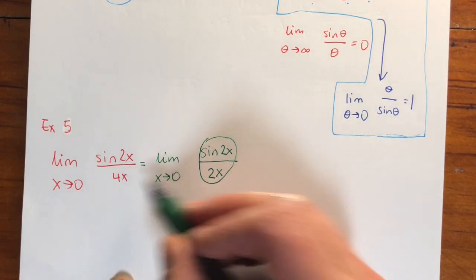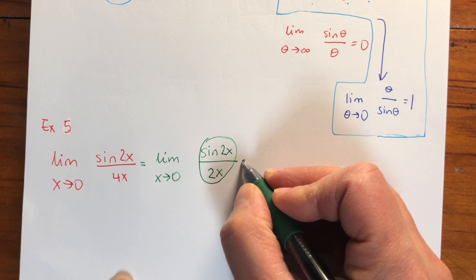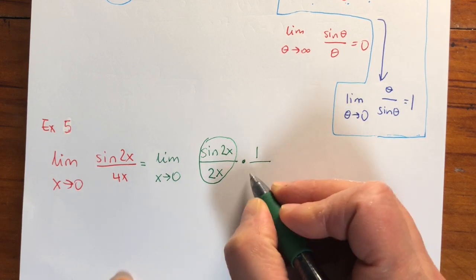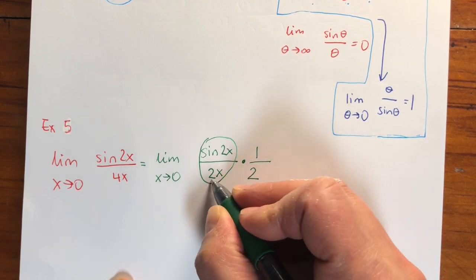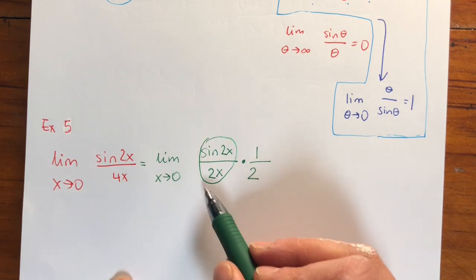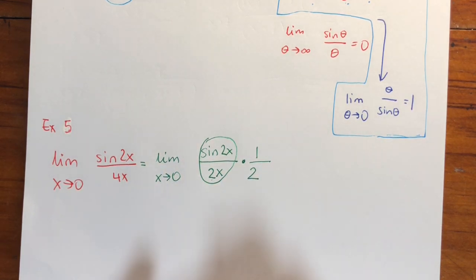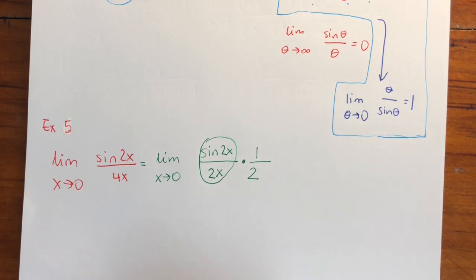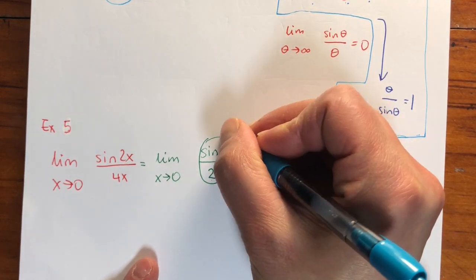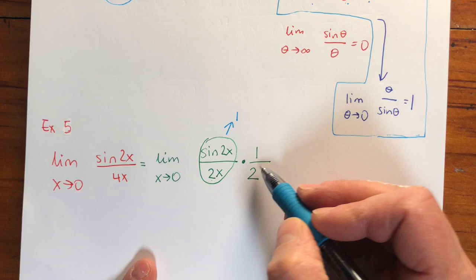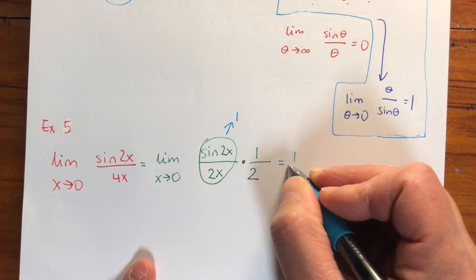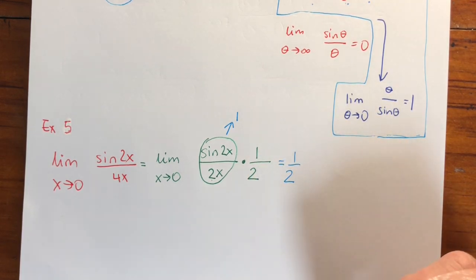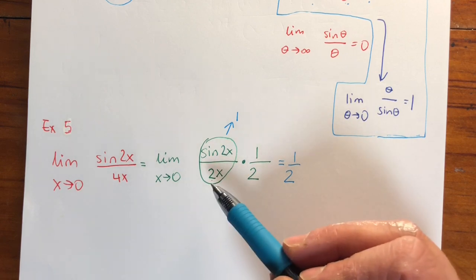But in order for this to be equivalent, I need to multiply my expression by 2. 2 times 2x would be 4x. So notice I didn't change anything. I didn't multiply anything by anything new, but I split the 4x into 2x times 2. Now from here, I know that this is equivalent to 1, and 1 times 1/2 is going to give me 1/2.